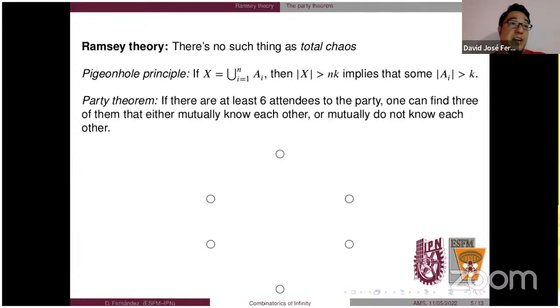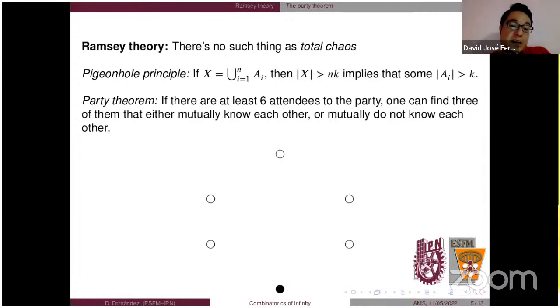I'm imagining the edges, but I haven't painted them yet. Between any 2 of these vertices there's an edge. I'm going to think of the edge as colored red if the 2 people know each other, and blue if the 2 people don't know each other. So what we're basically saying is that no matter how I configure these 2 colors, I'm going to be able to find a triangle that's either all red or all blue.